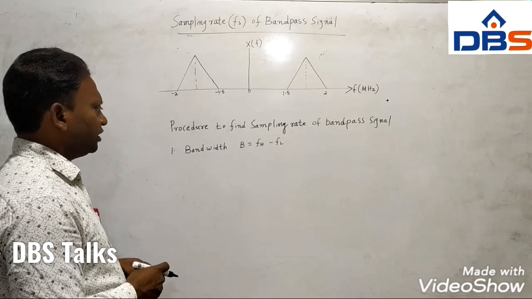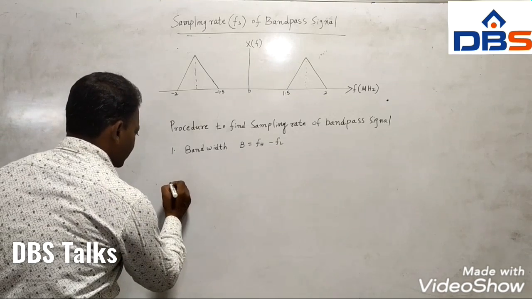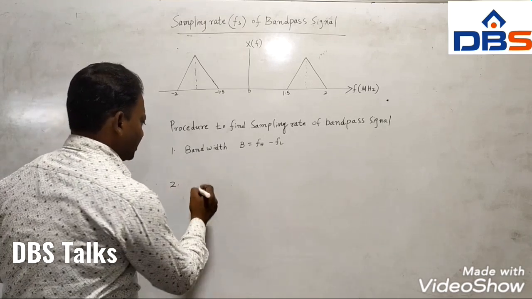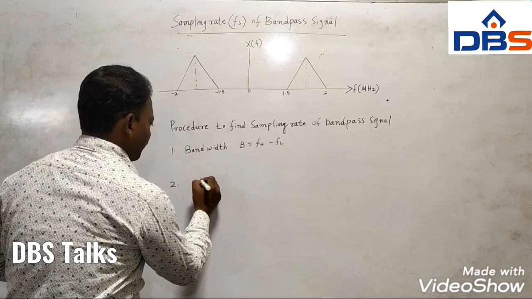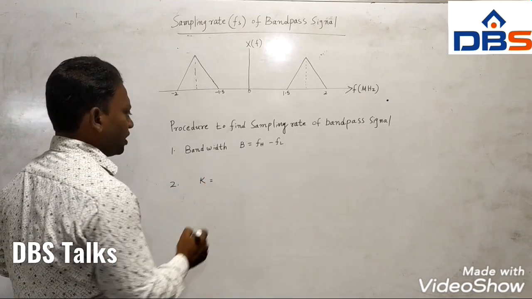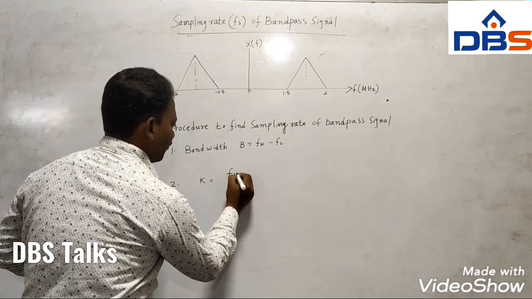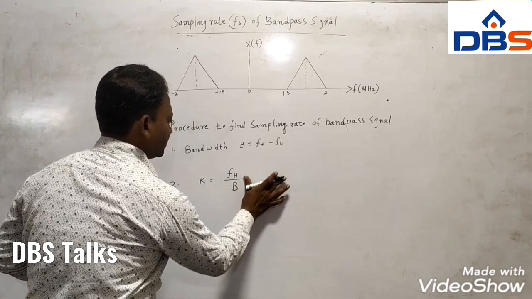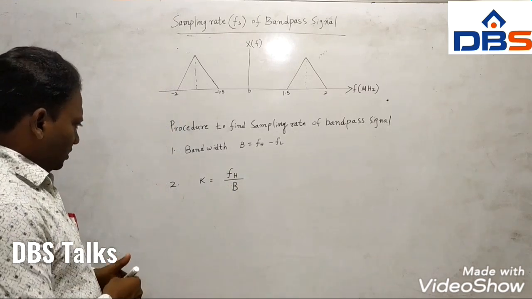After calculating the bandwidth, the second step is to find a constant factor. K is equal to the highest frequency FH divided by the bandwidth. This is the K value.